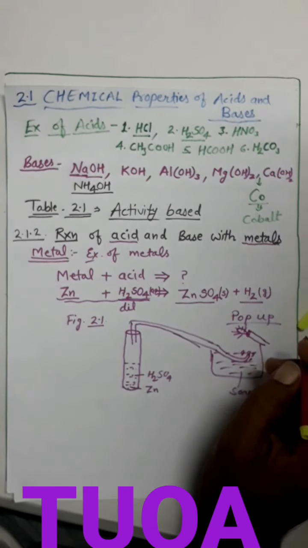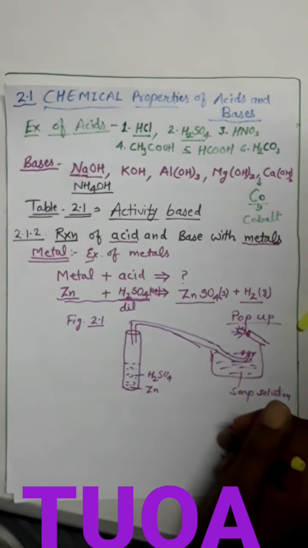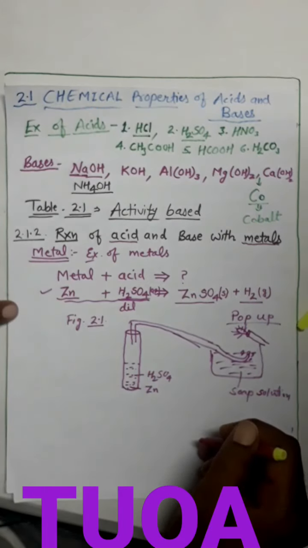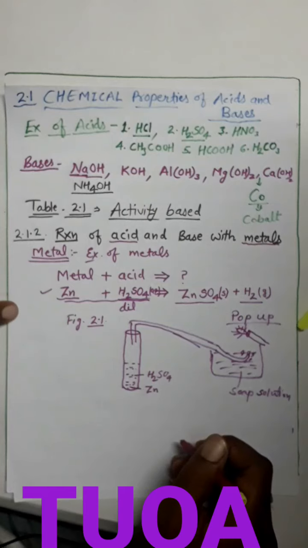That is a very important chemical reaction, and a very important hint in many questions. It will be used as a hint. So this is the main reaction of a metal with acid.